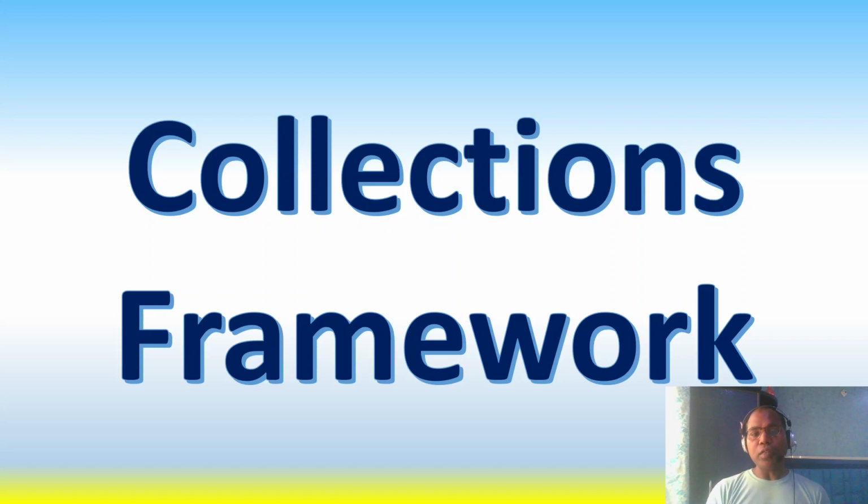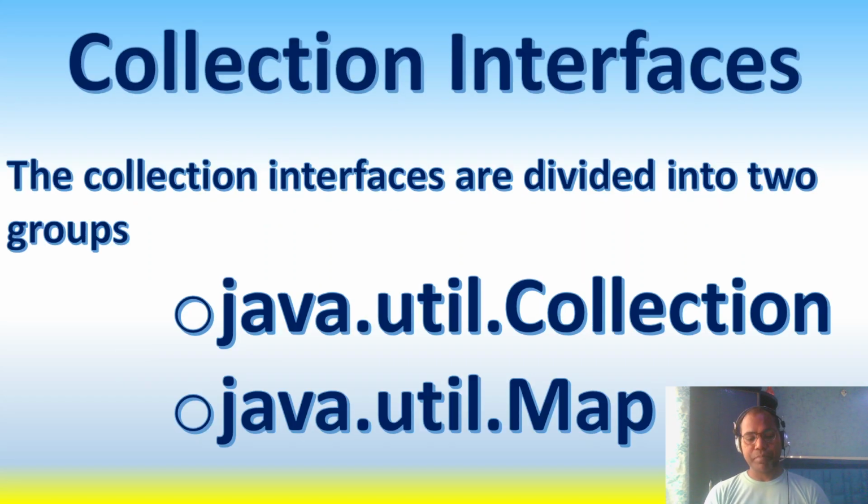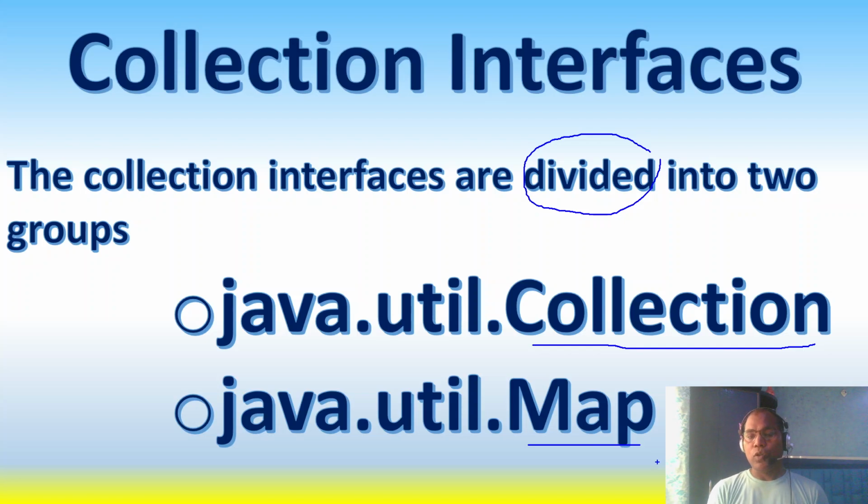Okay, so let's look at the existing collection framework, interfaces and API. From a broader perspective, the collections in the existing framework are divided into basically two categories, two groups: collections of objects and maps of objects. Generally, whenever we are collecting objects, we can store or manage them in these two ways.